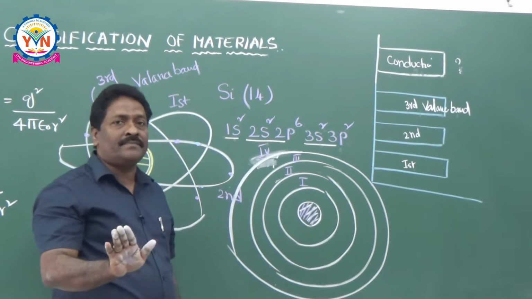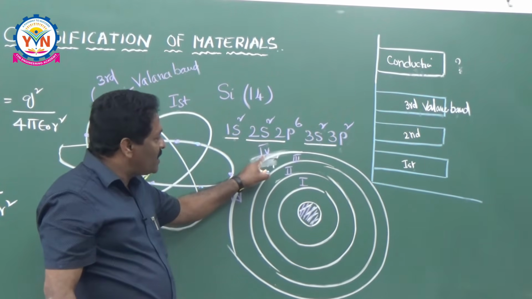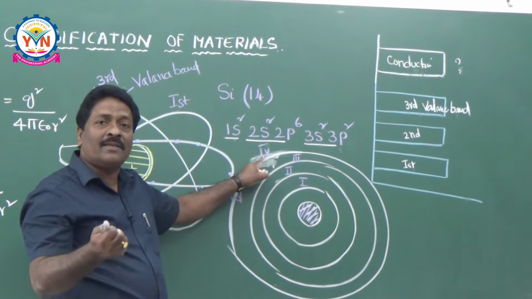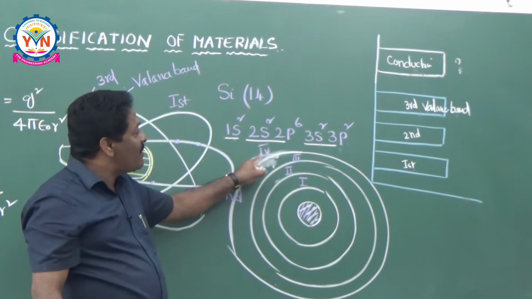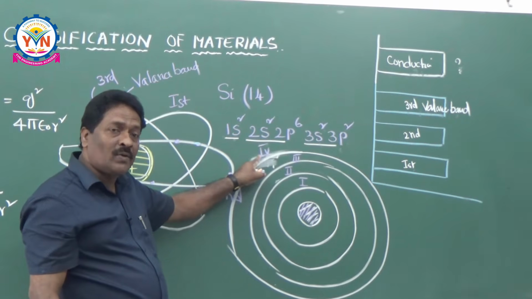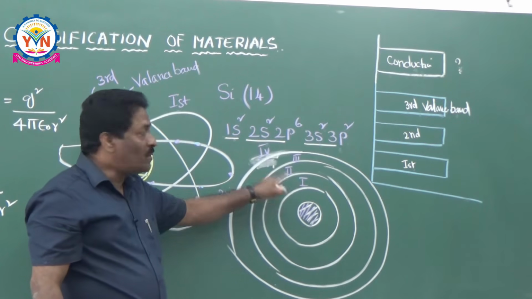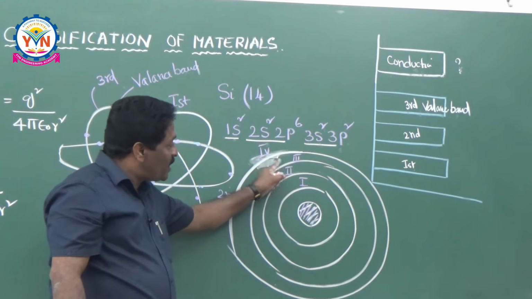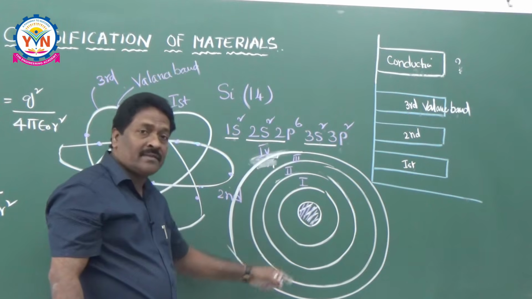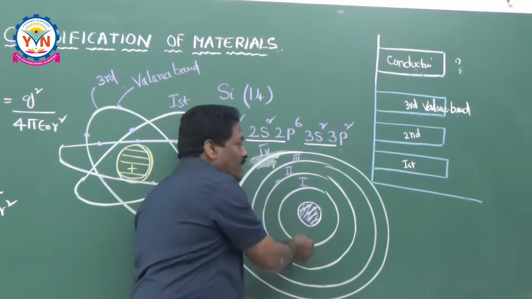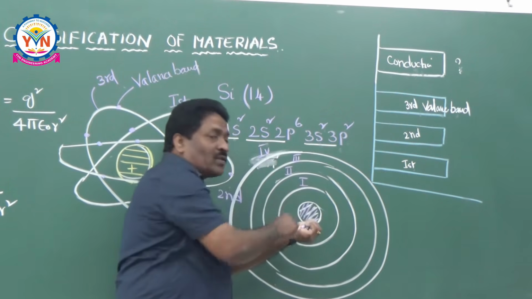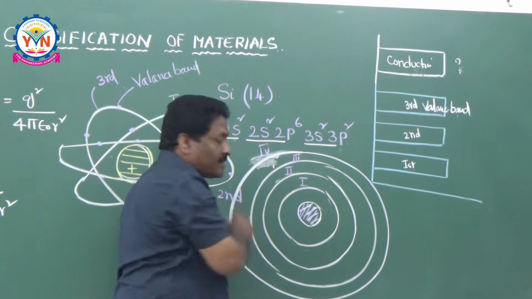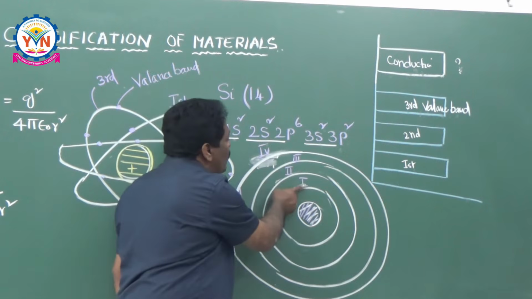But remember, if you compare the energy levels, the fourth band, the valency band, the last band, has more energy compared to the others, because it is at a greater distance from the nucleus. First year students are bound to the nucleus, they are attached to it, so their energy level is less. Second year energy level is somewhat more.